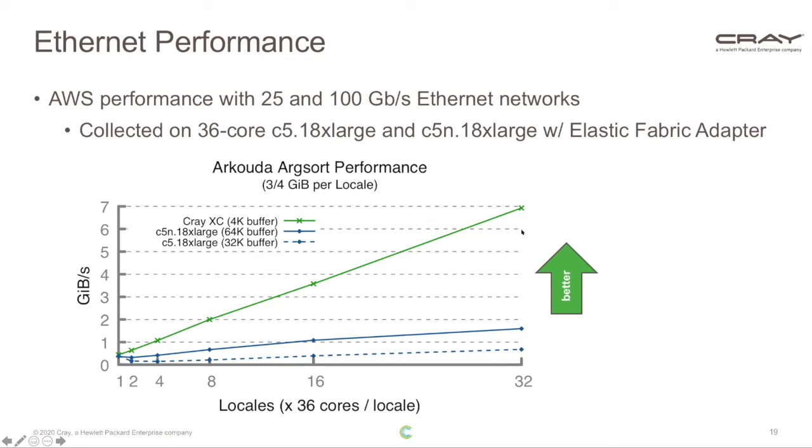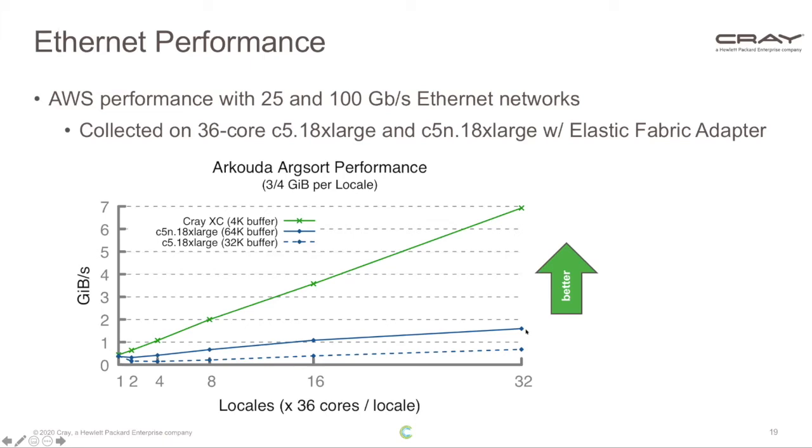And so looking at the graph here, we see in green our XC line just thrown in for a point of reference. And then we did have to increase the buffer sizes pretty significantly for these other ones. But then looking at the networking optimized one with EFA, we see decent performance and still good scalability here. So we are around 4 times off from the XC, but that's actually pretty good performance considering that we've done no tuning here.